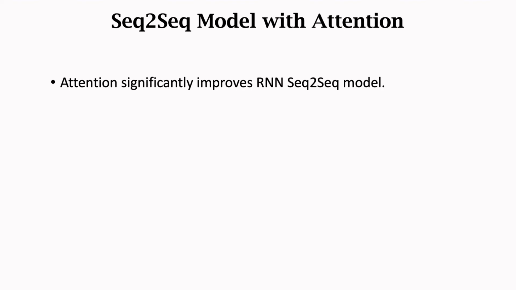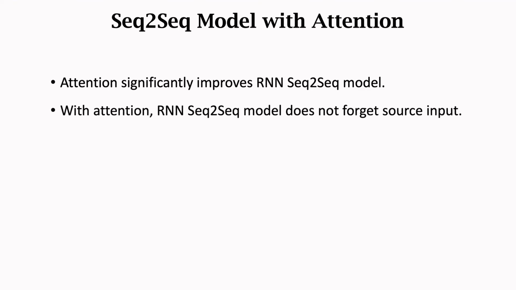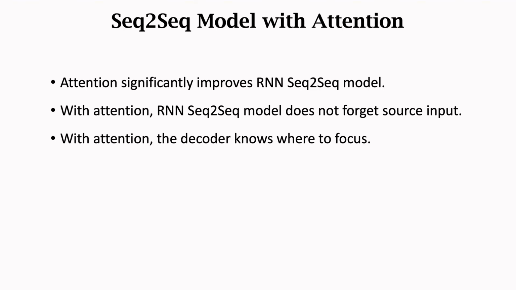Applied to machine translation, attention improves the BLEU score by a large margin. With attention applied, the RNN sequence-to-sequence model does not forget the source input, that is, the English sentence. Each time the decoder is about to update its state, attention tells the decoder where to focus on. That is why the method is called attention.